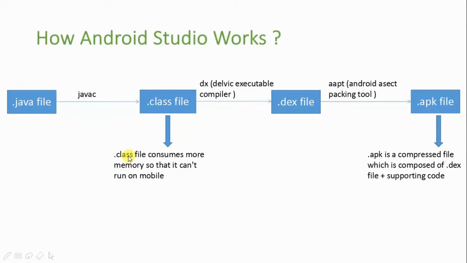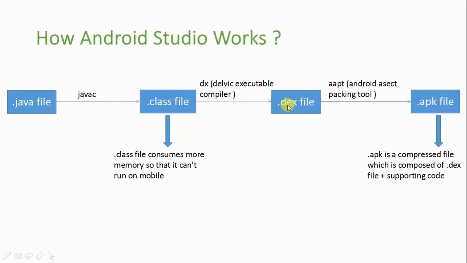But the problem is that the .java file consumes more memory, so it can't run on mobile. So what does Android Studio do? It converts the .class file into a .dex file. What is a dex file? A dex file is a compressed form of the .class file. It is converted through DX, that is the Dalvik executable compiler.